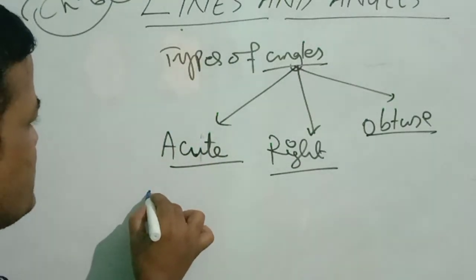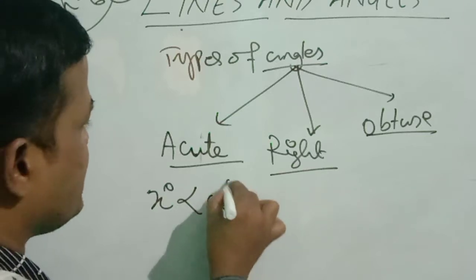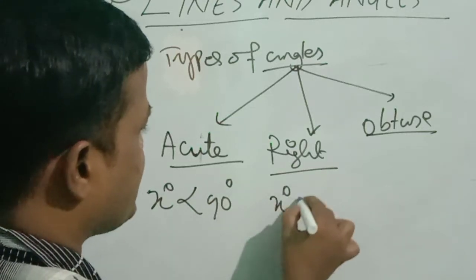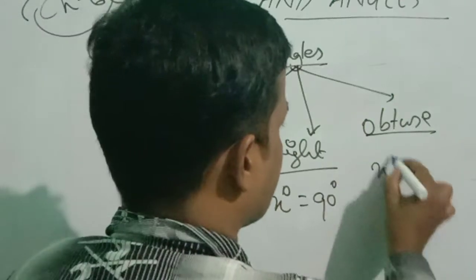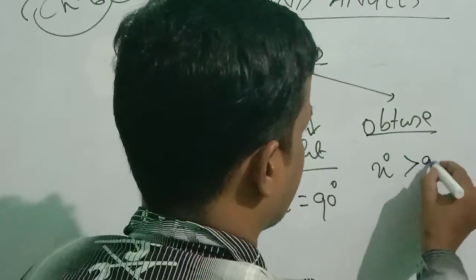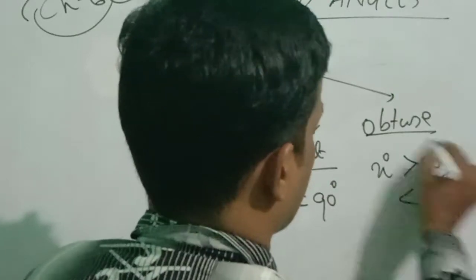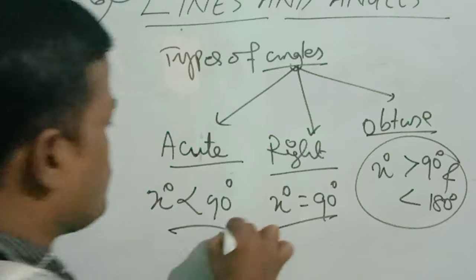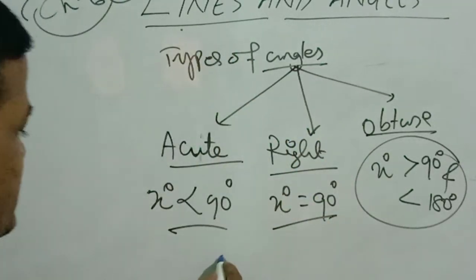Suppose the value of this angle x degree is less than 90 degrees. Here the value of the angle x degree is equal to 90 degrees. Here the value of x degree is greater than 90 degrees and less than 180. So these are the different types of angles. Let us see the drawings.